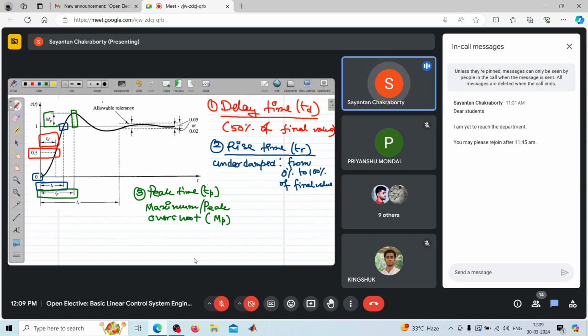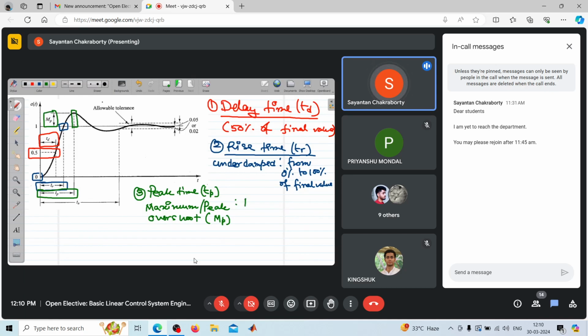And this MP is defined as the amount of overshoot above the steady state. See, the term overshoot means our steady state value is 1, but due to the underdamped nature, the response tends to overshoot the final value and reach a peak. How much it is overshooting the final value is given by MP. And then it again comes down. This is the oscillatory nature of the response.